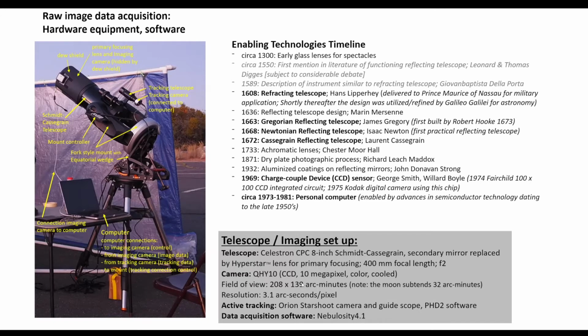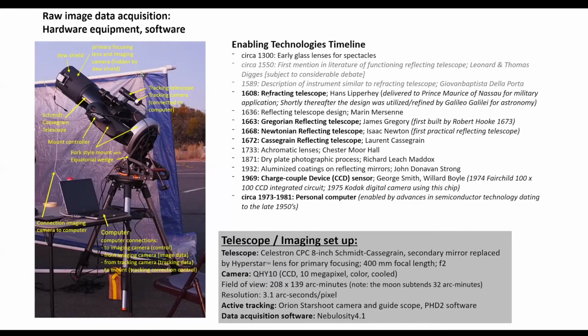Now you can see that in my system, I have a 10 million pixel camera. In 1974, they had a 10,000 pixel camera. So it took well into the 21st century until CCD and later CMOS optical sensor chips reached the stage where you could take images like the ones that I'm going to show you.